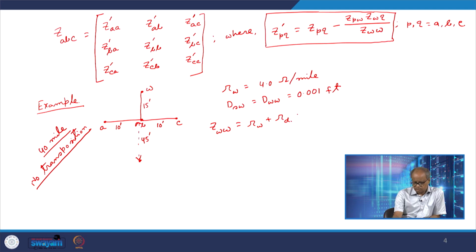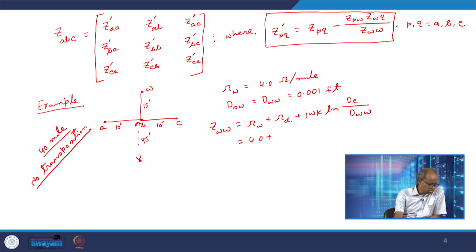So Rw plus Rd plus j omega k log dE by dWw. Rw is given as 4.0.